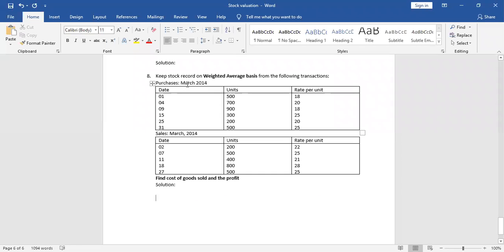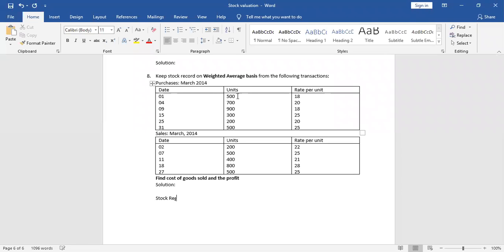So firstly, purchases of March 1, 4, 9, 15, 25, and 31st March is given, and also sales of March, that is 2nd March, 7th, 11th, 18th, and 27th March is given. So, according to the date, we have to prepare the stock register.